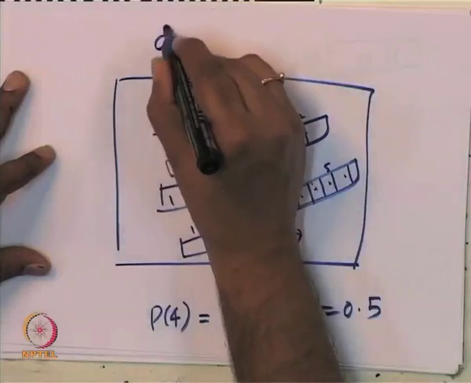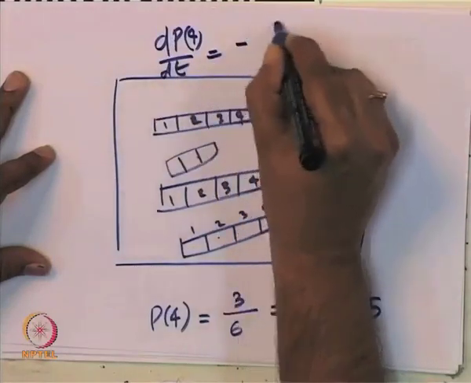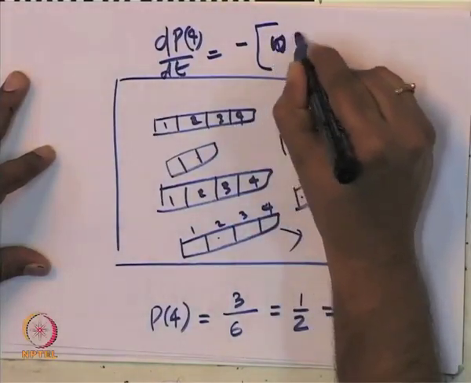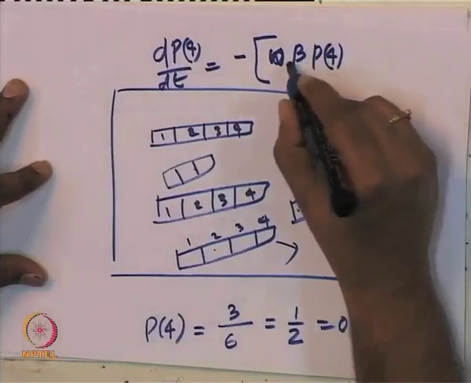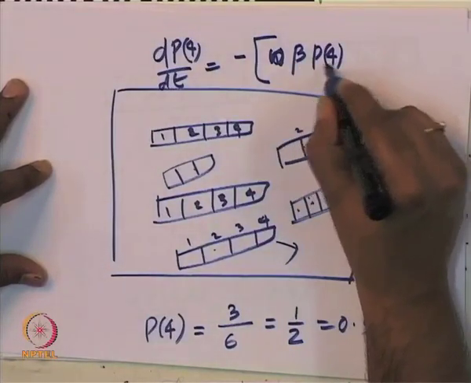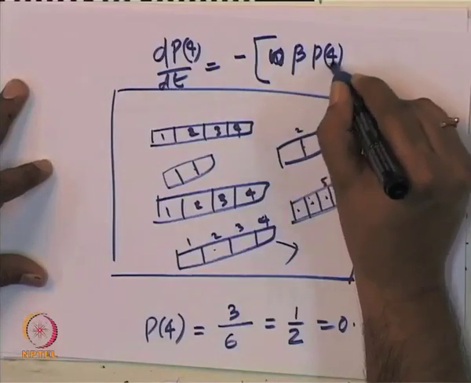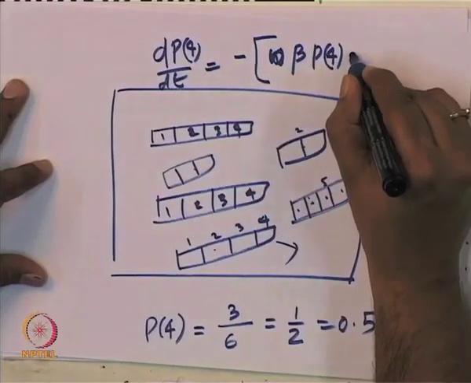So, essentially dP4 by dt can decrease if there is a depolymerization, which is beta, and it is proportional to P4, because only if there is a filament with 4 can you go away from it.